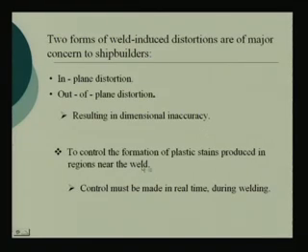So, distortion control is to control the formation of plastic strains produced in regions near the weld. Means we will have to implement methods and measures such that we can control the formation of plastic strains, because those plastic strains forming near the weld zone are leading to deformation.